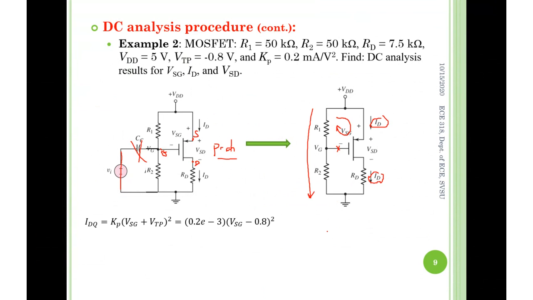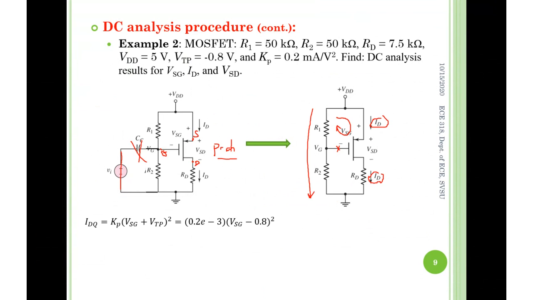Go ahead, try it yourself. Once again, one is the voltage divider, R1, R2.